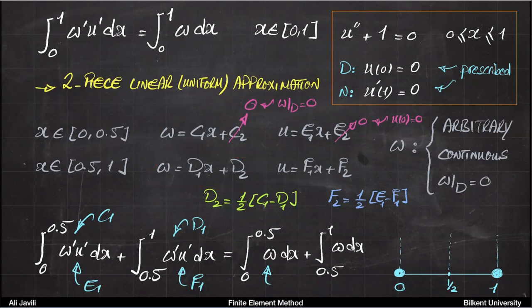But then you also know that D2 is 1/2 of C1 minus D1. So instead of W, you would say D1X plus 1/2 of C1 minus D1.